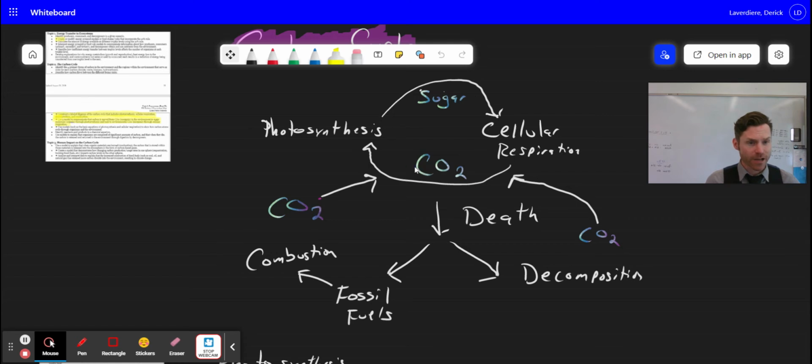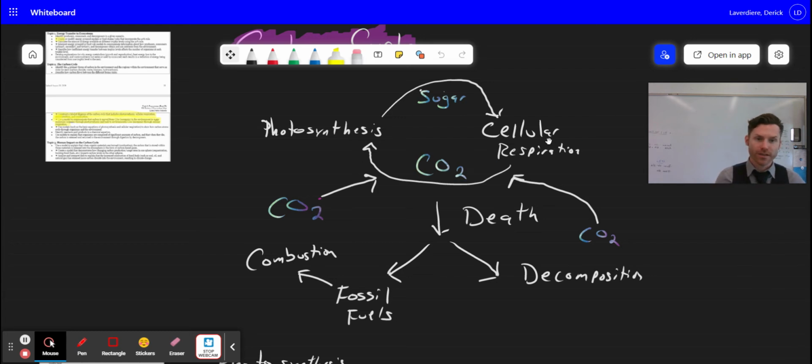It takes the carbon out of CO2, takes some energy from the sun, and smashes together those carbons, and some hydrogens and some oxygens to make sugar. So the carbon is now in the sugar. That sugar is broken down by the process of cellular respiration. So those sugars are ripped apart, and then the carbon is released again in the form of CO2. And so this is one cycle here. It just goes back and forth and back and forth.